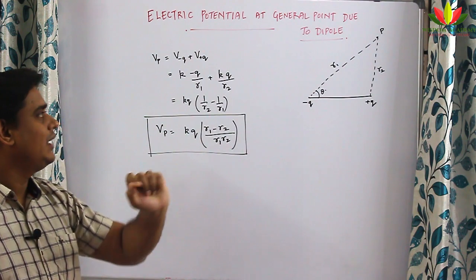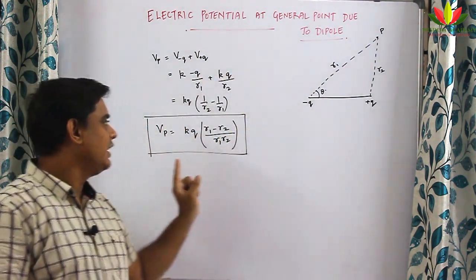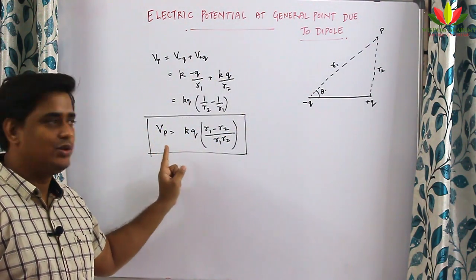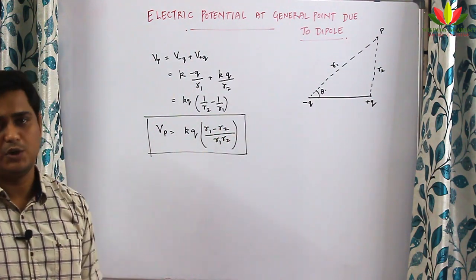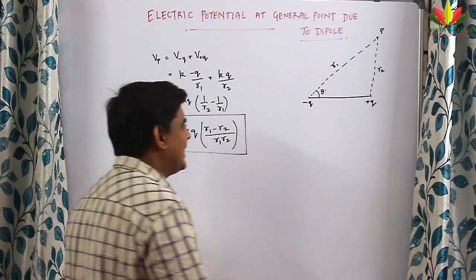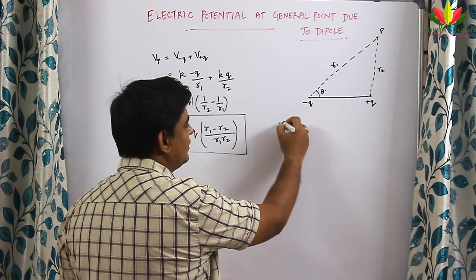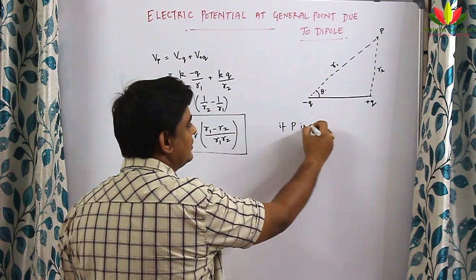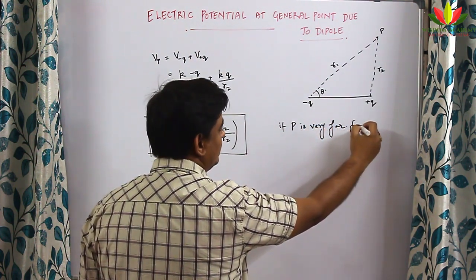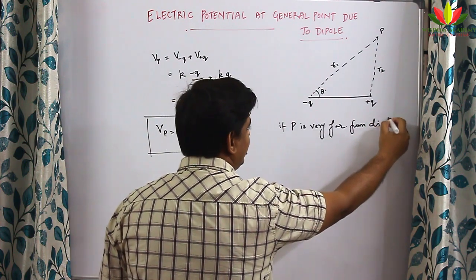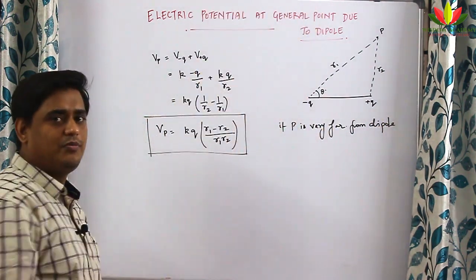This is the potential at any point P due to an electric dipole. So due to an electric dipole at a general, random point P, if you want to find the potential, that is equal to k into q into (R1 minus R2) by (R1 into R2). One more thing, we can take a case in this, that if P is very far from the dipole. So I am assuming that this point P is at a very far distance from the dipole.